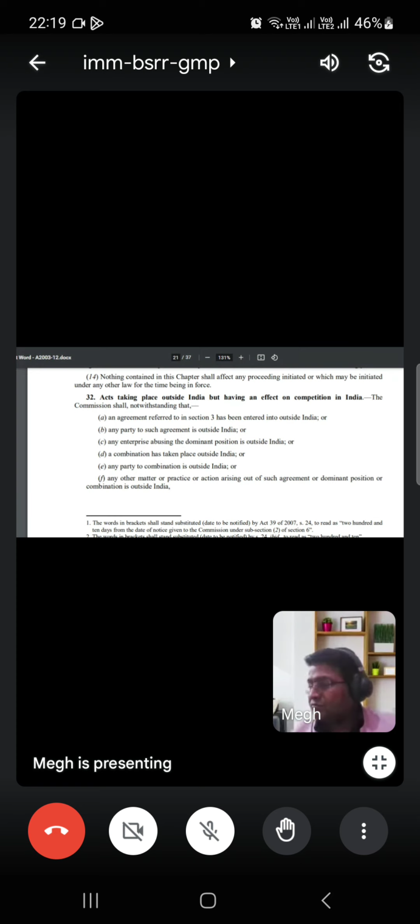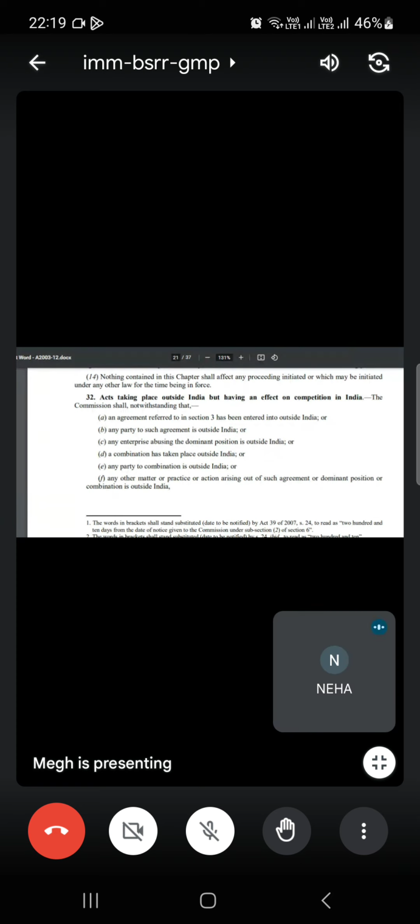Section 32. Acts taking place outside India but having an effect on competition in India.